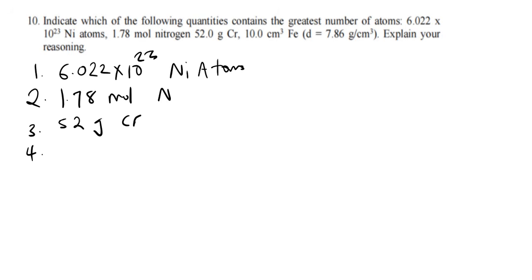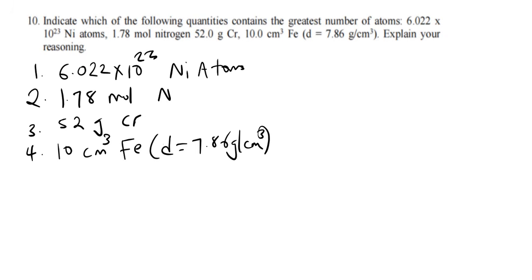Then the fourth one is 10 cubic centimeters of iron. Then we've been given its density there, which is 7.86 grams per cubic centimeters. Okay, so how do we solve these ones?